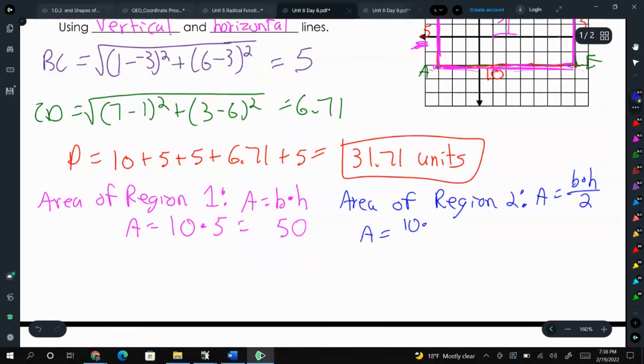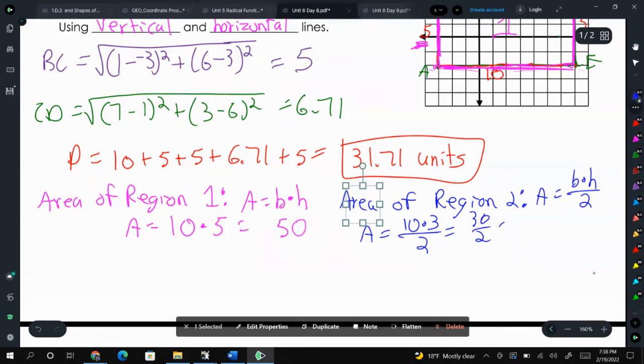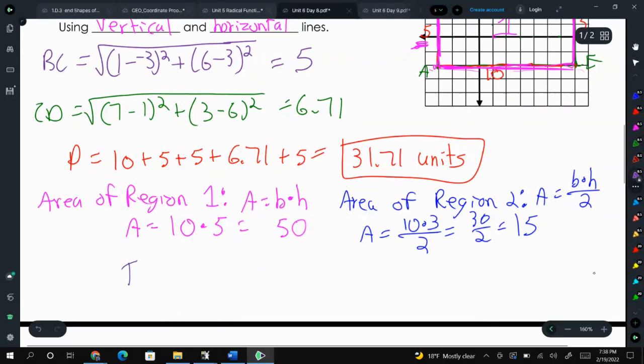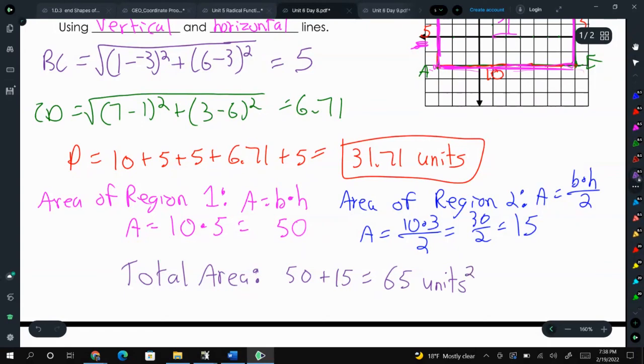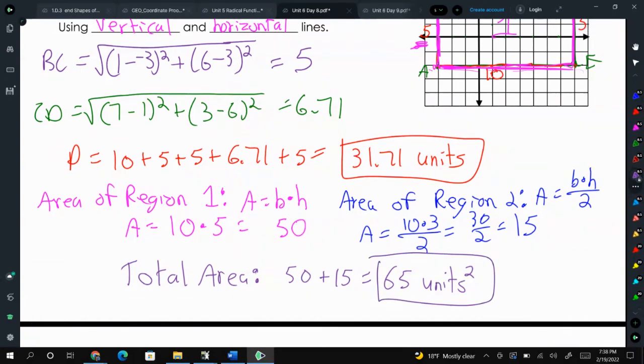So area equals 10 times 3 divided by 2, which is going to give us 30 over 2, or 15. So the area of the rectangle is 50. The area of the triangle is 15. So the total area is 50 plus 15, which is 65 square units. And this is how we write that. It's not units squared, it's square units, because that's how many squares could fit inside that shape.